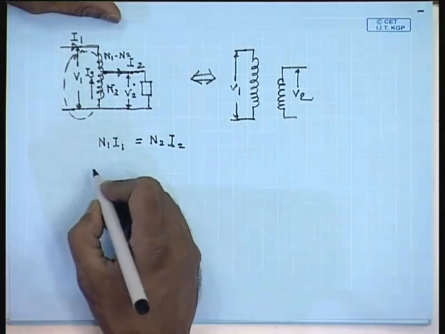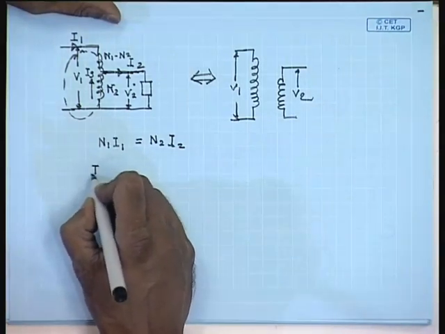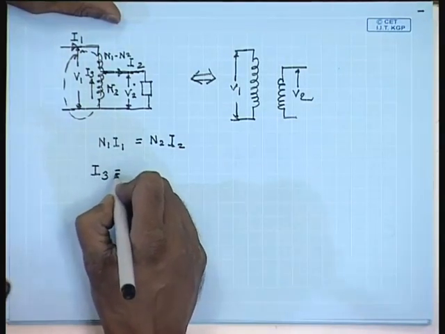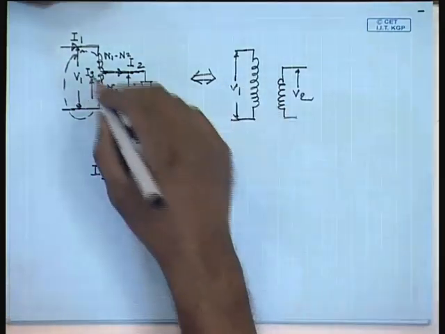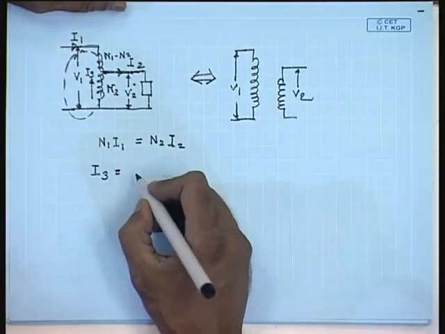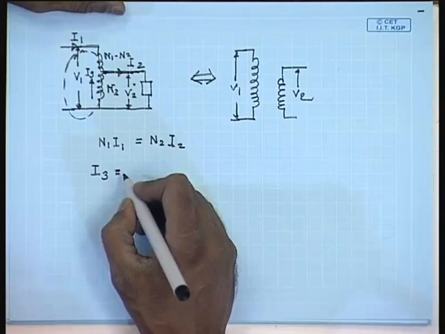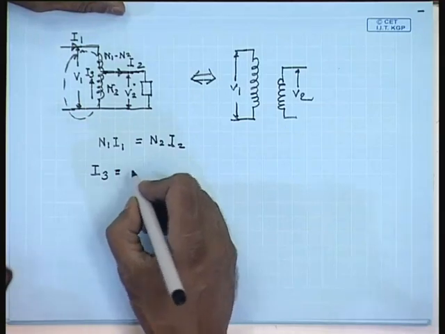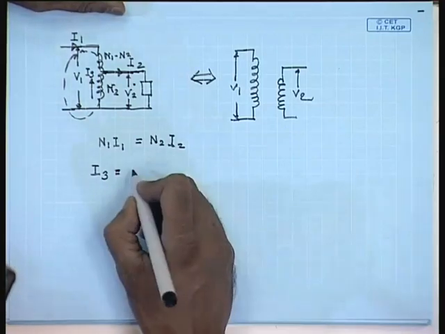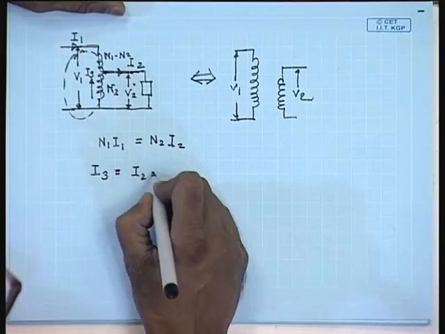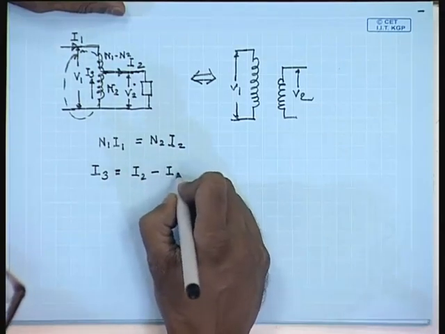Therefore, what is I3? I3 equal to I2 minus I1.